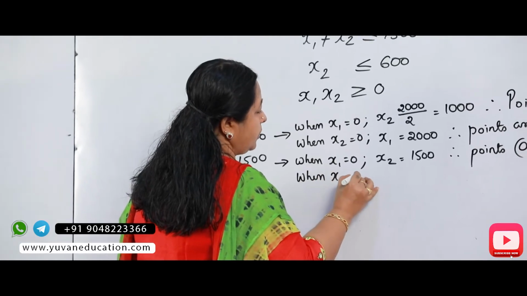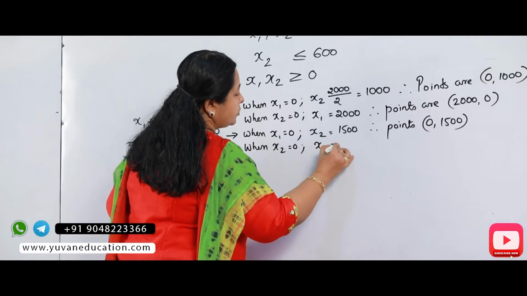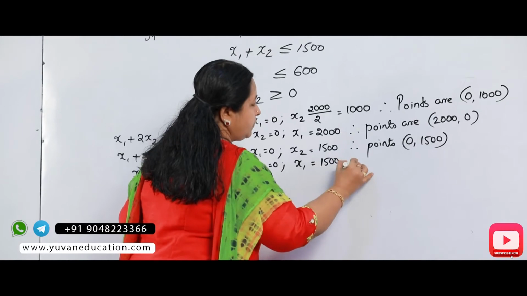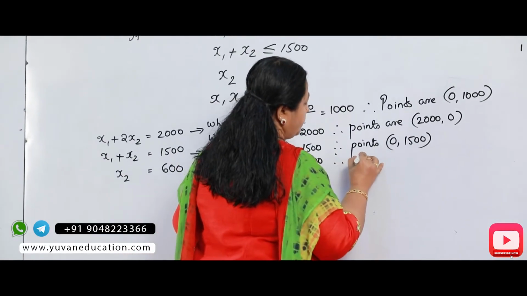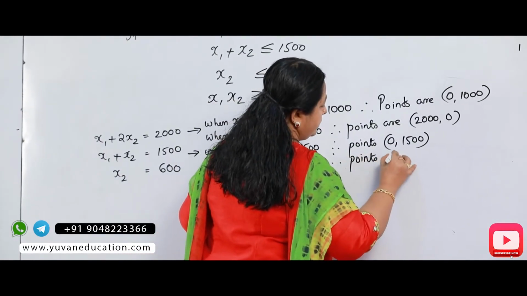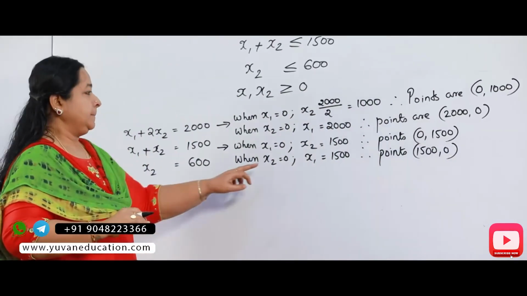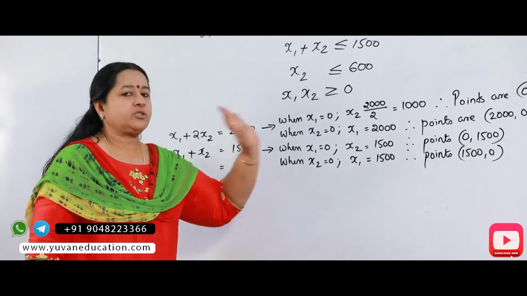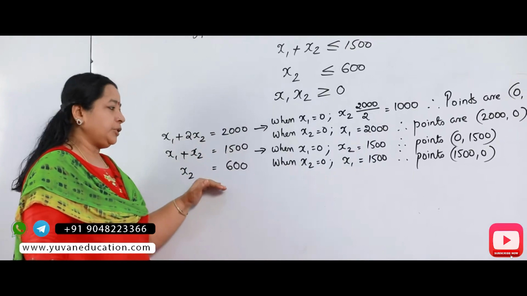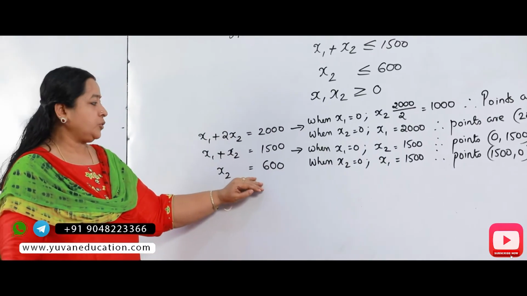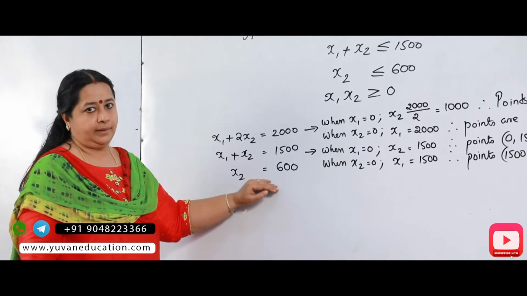When x2 is equal to 0, x1 is equal to 1500. Therefore, points 1500, 0. Okay, x2 0, x1 1500. No need to put points for x2 is equal to 600.